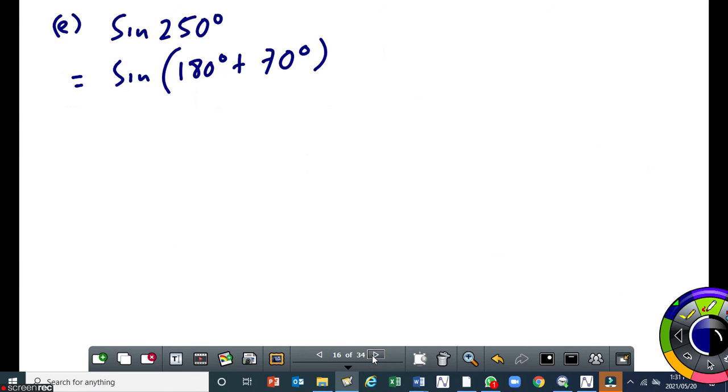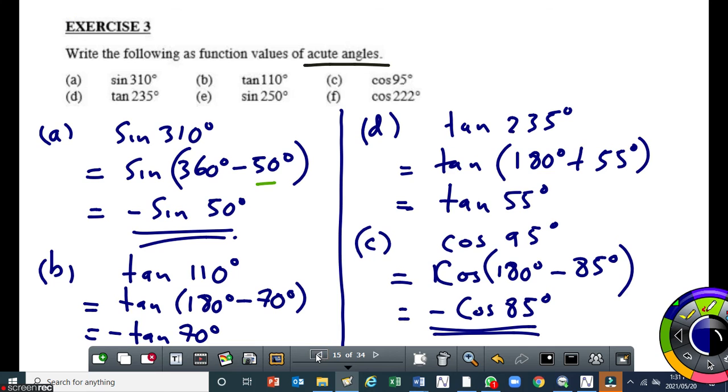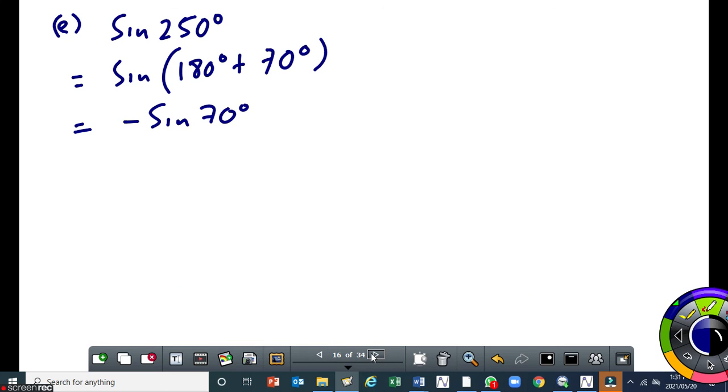Can I have your attention? So here, sine 250 becomes minus sine 70 degrees. And the last one, 222 degrees, that's F. That's cos 222 degrees.